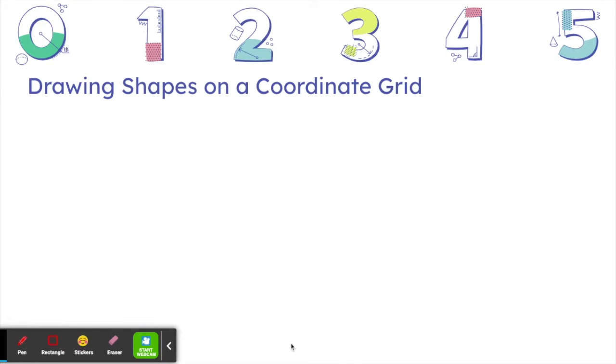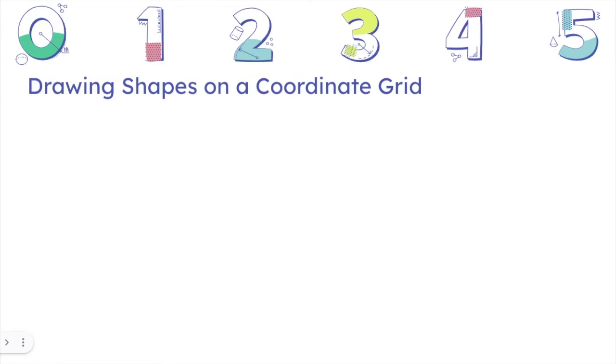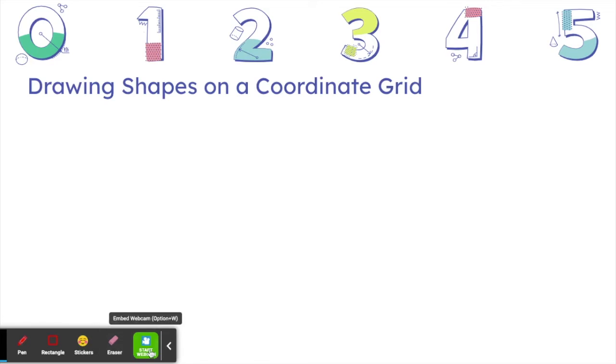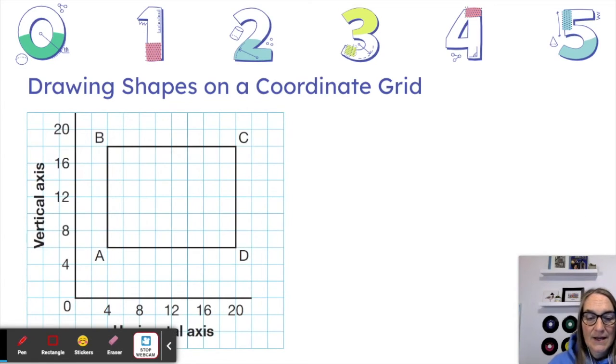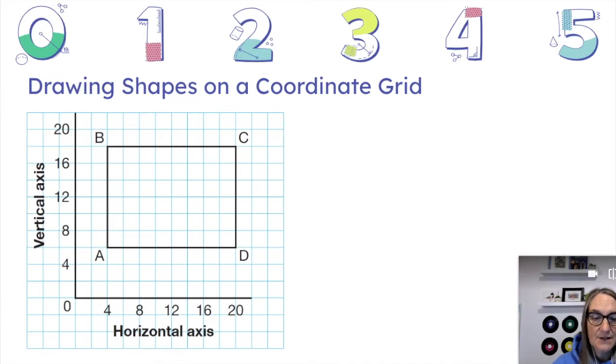All right, we can use ordered pairs to describe the position of a shape on the coordinate grid or the Cartesian plane. To describe this rectangle, let's make some space so we can see it here. To describe this rectangle, we label its vertices with letters.